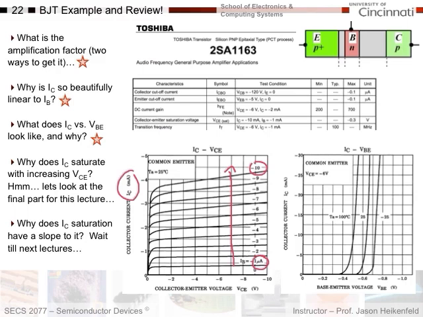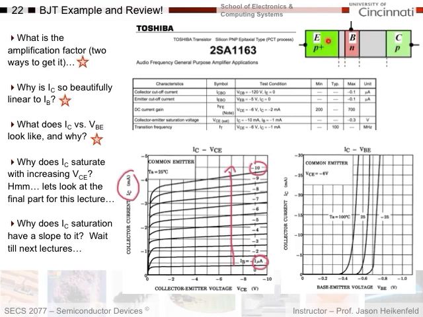Because I know my base current is directly amplified into collector current. This is one of the reasons why BJTs are great. They are a terrific current amplifier. You have a little bit more base current, you get a proportional increase in collector current. So it's a great linear current amplifier. And using only 2 diodes we've made back to back, we can create a perfectly linear current amplifier of base current into larger collector current.